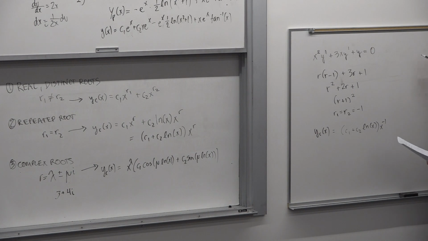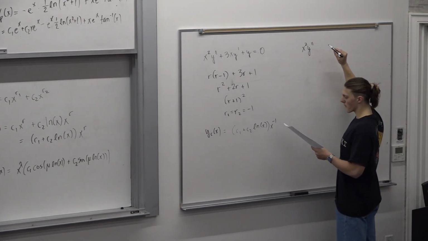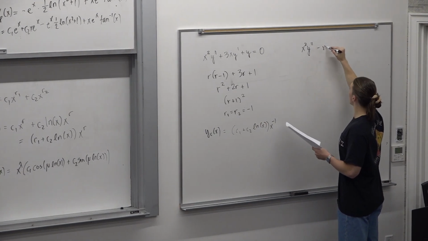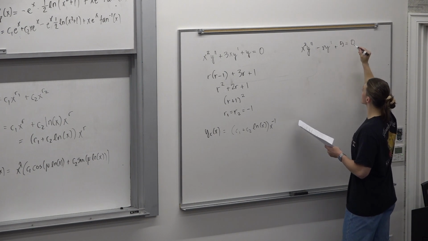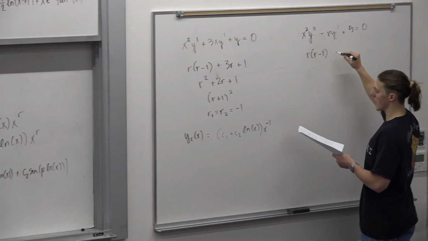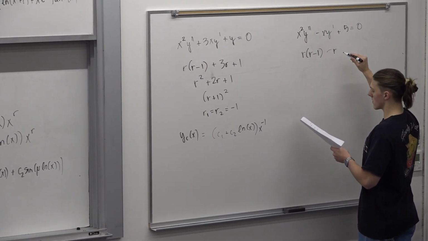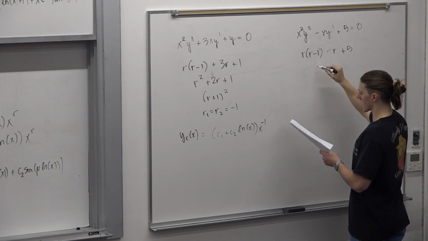What about if we have something like this? x squared y double prime minus x y prime plus 5 y equals 0. Same exact thing. We start by plugging into that characteristic polynomial. We get something that looks like this.